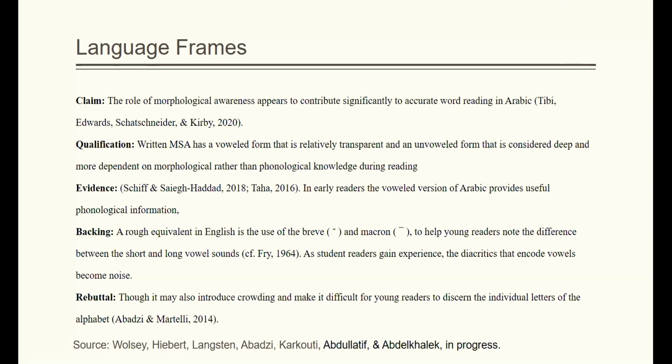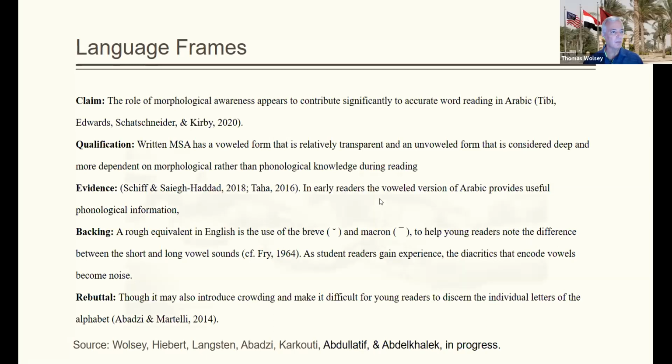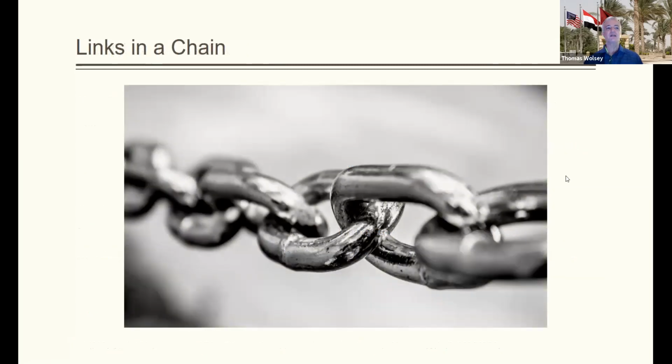Of course. Okay, so let's move on here. Just think of it as links in a chain, the whole thing. Argument strung to argument. Of course, you'll have many, like the paragraph that I showed you, and I picked out the parts.